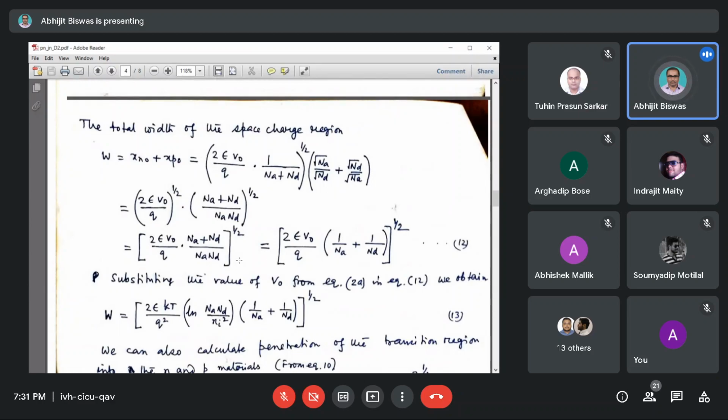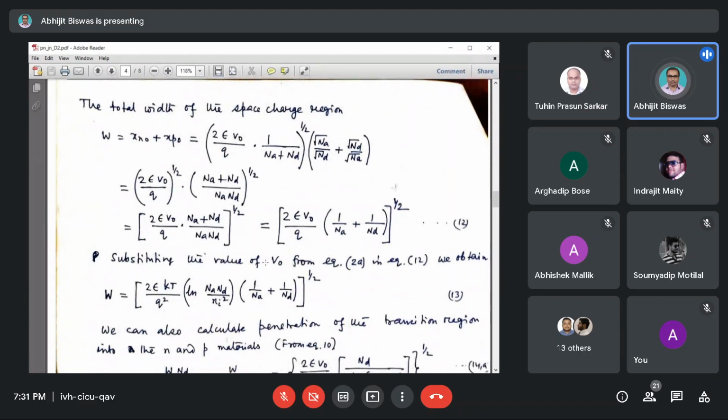This equation is very useful because you may be asked to calculate the width of the depletion region or space charge region in a PN junction. You will be given the values of V0, Na, and Nd. Even V0 is not required because you can also calculate V0 if you know Na and Nd.